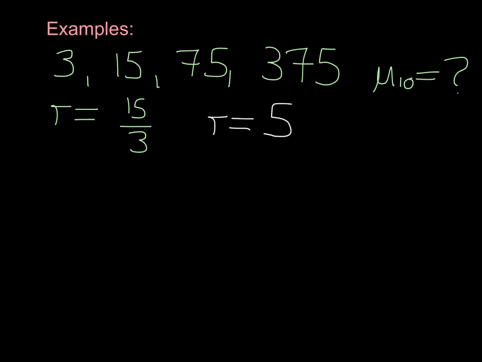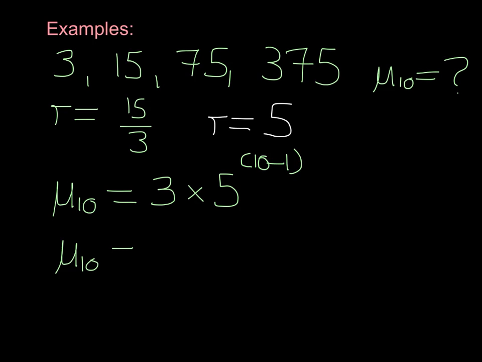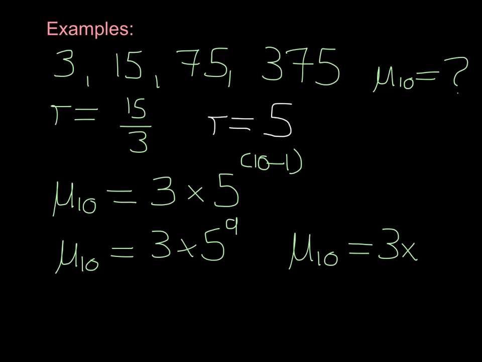Now with that we just use the formula we know, which would be U10 equals U1, which is 3, times R, which is 5, to the power of 10 minus 1. U10 equals 3 times 5 to the power of 9, which is a really big number.